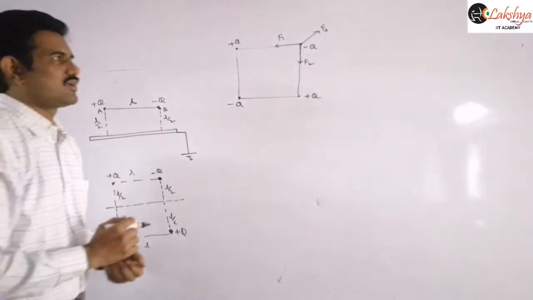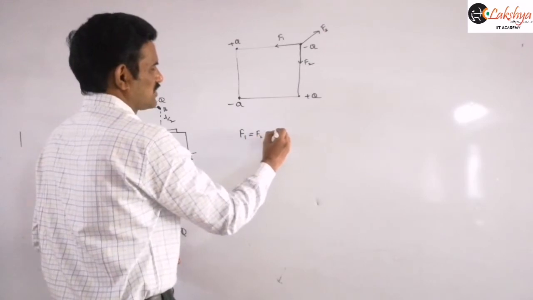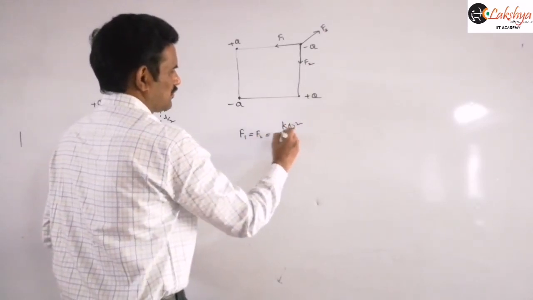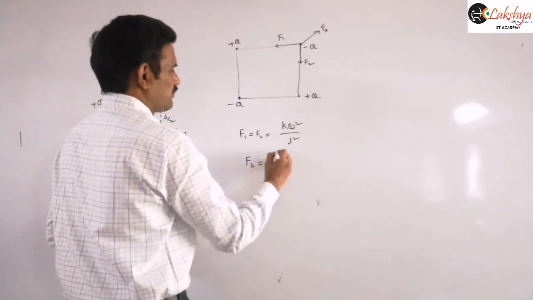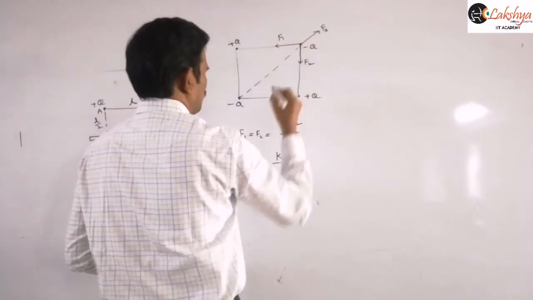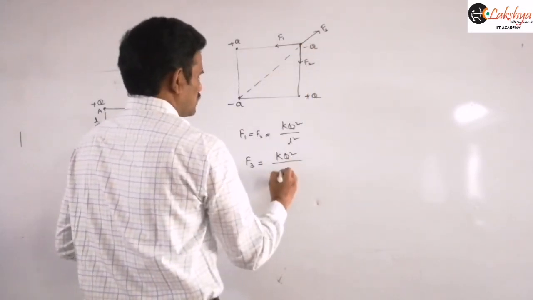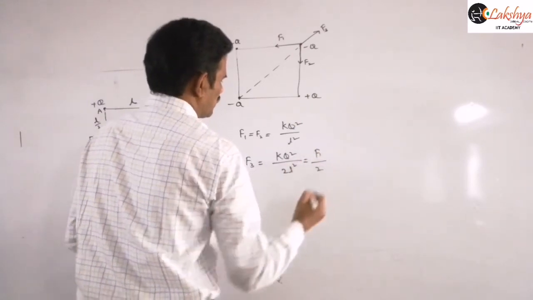We discussed this in the beginning of this topic itself. So I can write F1 is equal to F2 is equal to kq square by L square, and F3 is equal to kq square by, this distance being root 2 L, so root 2L whole square means 2L square, which I can write as F1 by 2.